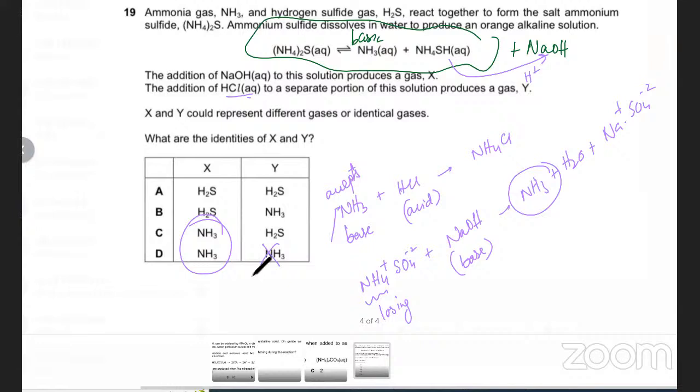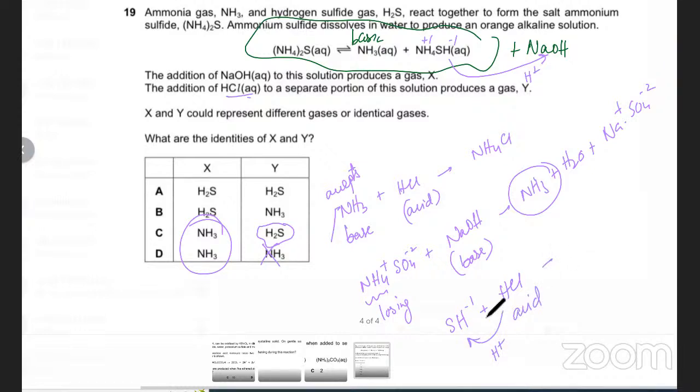So which is the gas? It's going to be H2S then, because remember you've got SH ions, right? The solution has SH, and NH4 is +1. So what would be the charge on SH? It would be -1, right? And what does HCl do? HCl is an acid, right? What does an acid do? The acid donates an H+1.